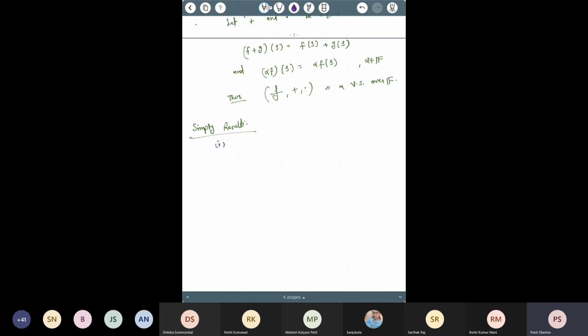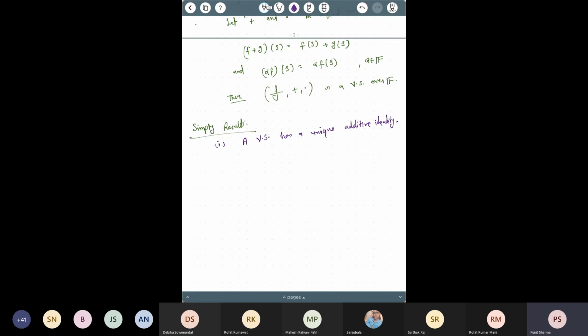So let us start by saying that a vector space (v.s. means vector space) has a unique additive identity. Possibly all of us are using this, but now we want to claim that this is actually the case.